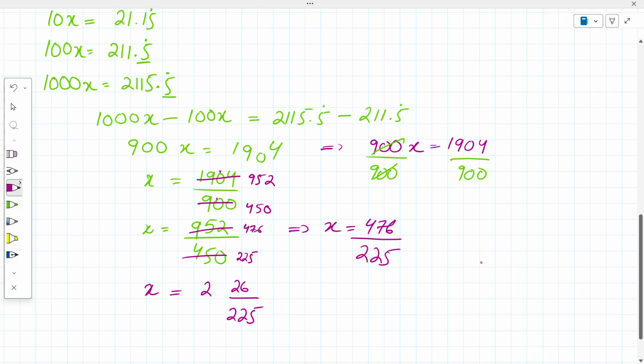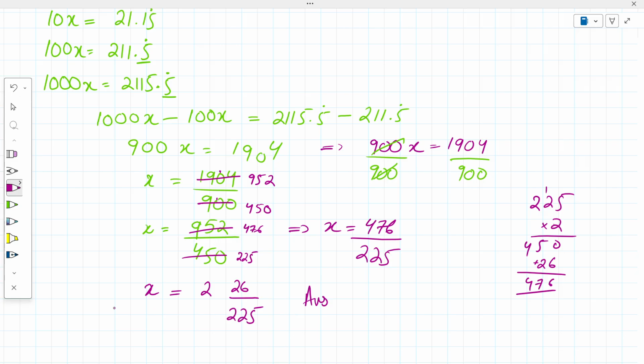If you multiply 225 by 2, the value is 450, and 450 plus 26 gives 476. So this is the answer of our part B. I hope you got that. Now it is not simplifiable because we have no other common factor.